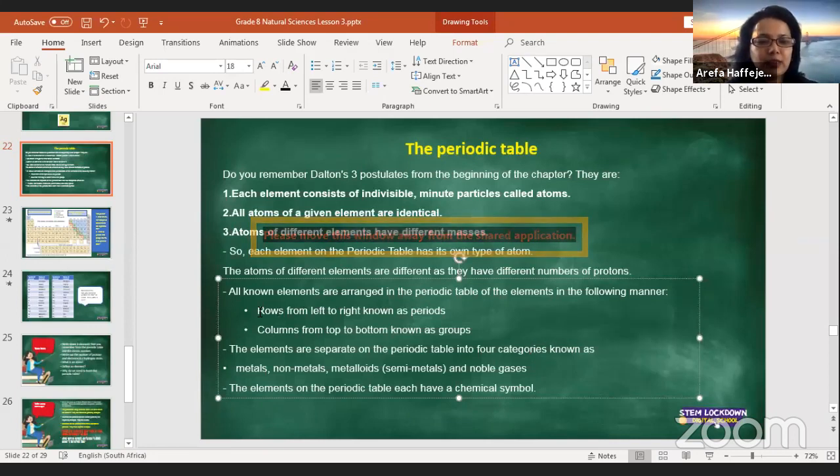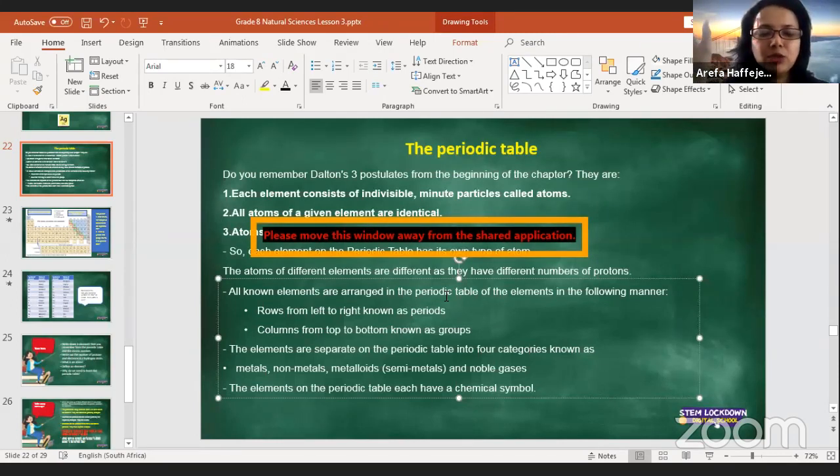We have the number of rows going from left to right, and these rows are called periods. Rows move across horizontally, and they are called periods. And then we have columns, which run vertically, and these are called groups. They go from the top to the bottom. So we have periods and groups.